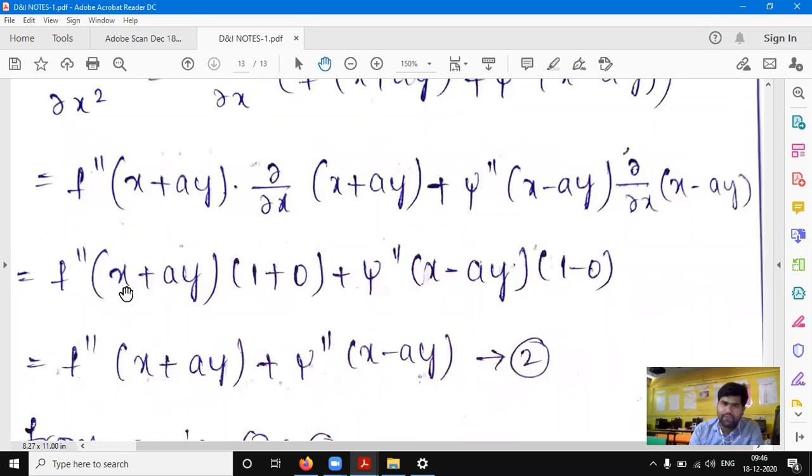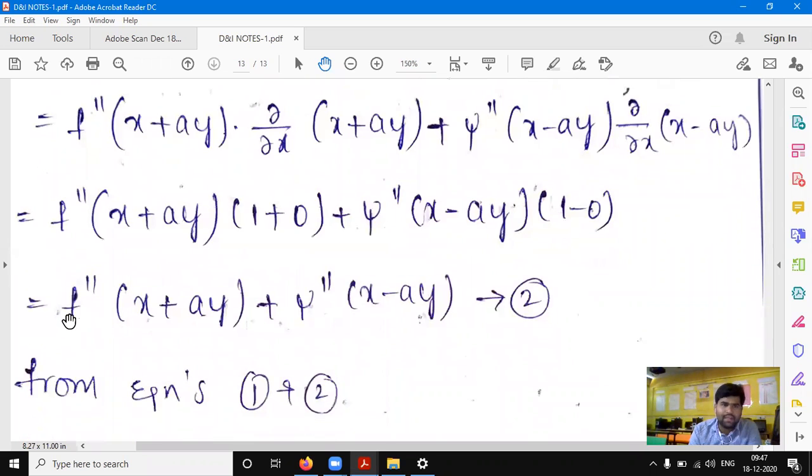So for f''(x + ay), the differentiation of this term is ∂x/∂x which is 1, plus 0, because y and a are constants and the differentiation of a constant becomes 0. Similarly for ψ''(x − ay), ∂x/∂x is 1 and the other terms are constants, so they become 0.